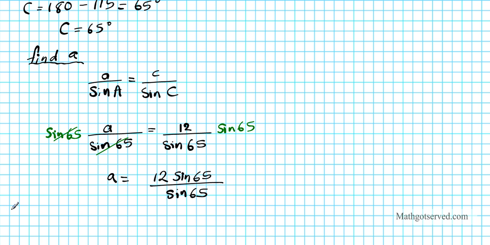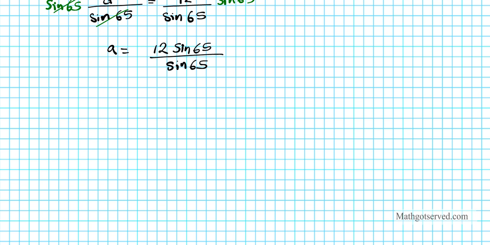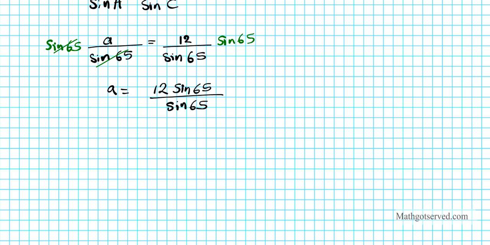Okay? We don't need a calculator to do this because you notice that the sine expressions are identical, so we can just divide them out. So sine 65 goes here once, sine 65 goes here once. The final answer: a equals 12. All right, so there goes the measure of one side.